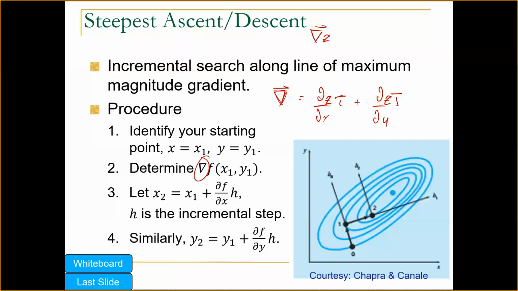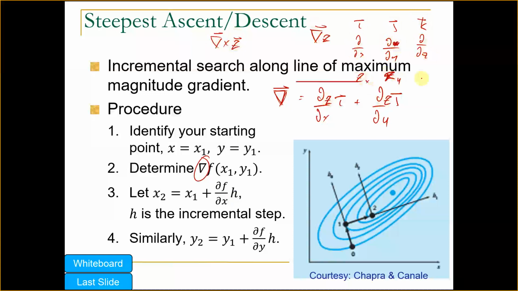Okay? But you have something called curl z, which means i, j, k, partial x, partial y, and partial z, and then you would have z, x, z.